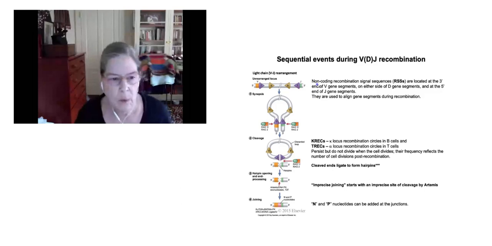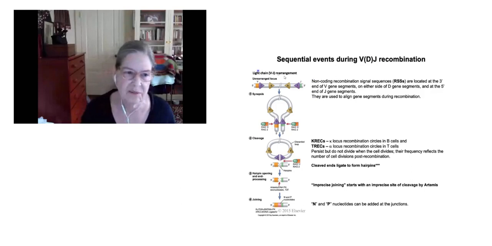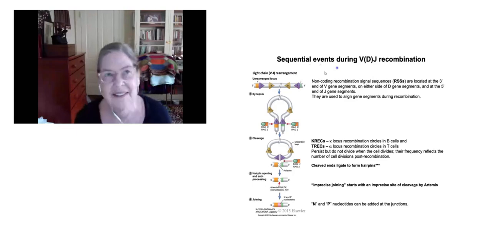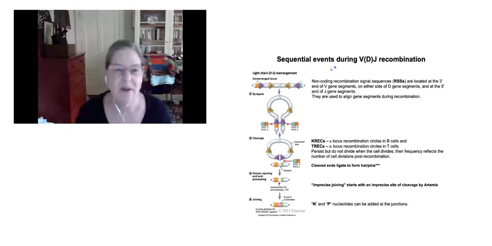Now, I wanted to go into a little bit of detail about this VDJ joining stuff, and they're just showing a light chain rearrangement, because again, this is for the repertoire people out there. So the point is that you've got a V gene, and it's got this little guy here and this little guy here. These two little guys together are called recombination signal sequences.